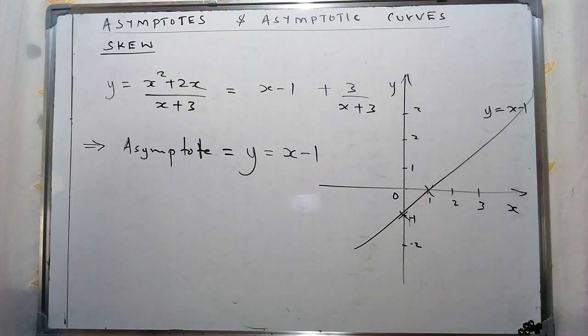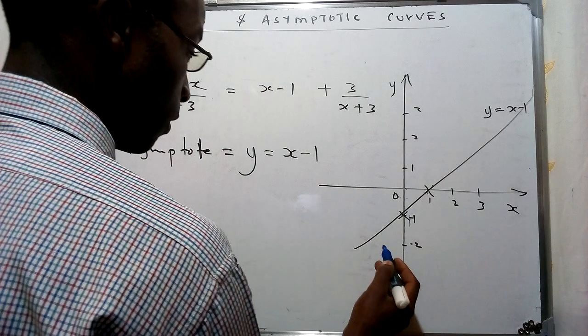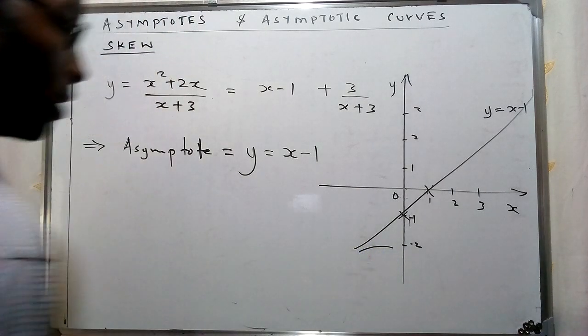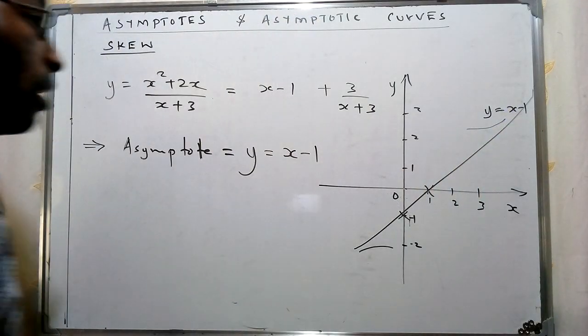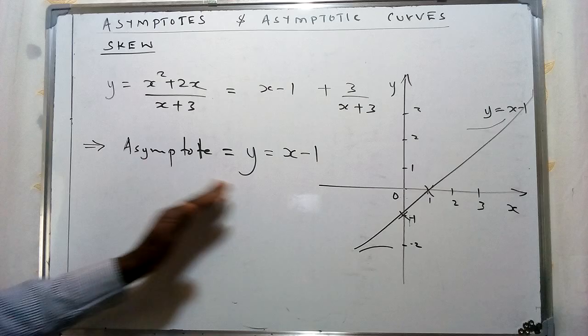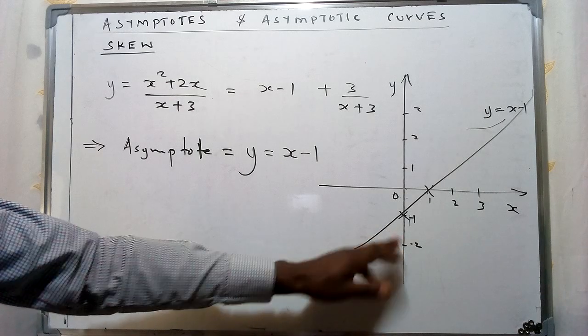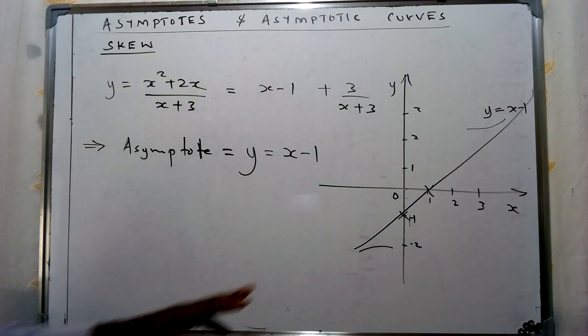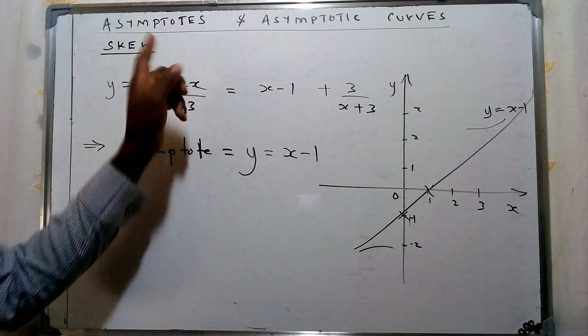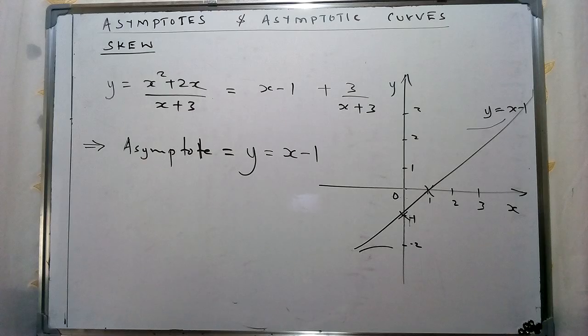And therefore, we're going to expect the curves to be approaching that specific line, and however close they come, they're not going to be touching. And this is going to be referred to as a skew asymptote, which is going to assist us in contrasting it with the previous discussion that we have had on horizontal and vertical asymptotes, as I just mentioned.